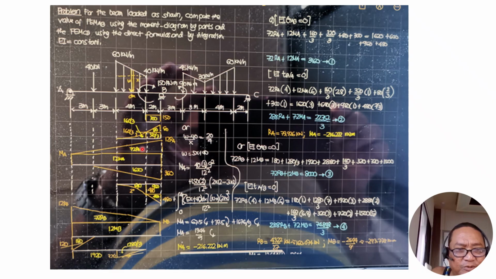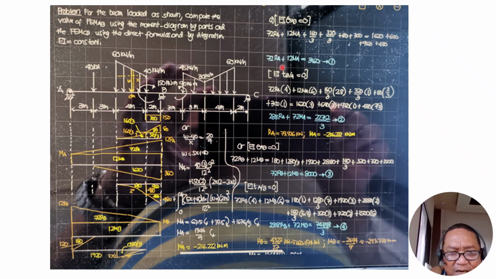So we have 72 RA plus 12 MA plus 160 over 3 plus 80 plus 320 over 3, then plus 300 plus 80 plus 300 equals 1620 plus 640 plus 960 plus 480.